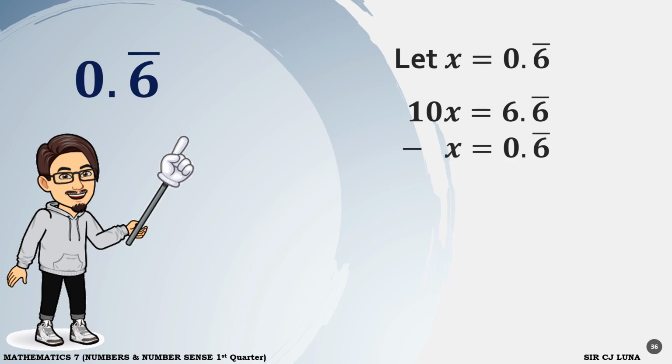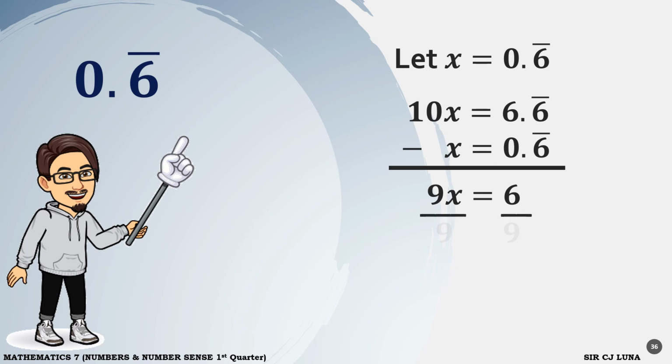Minus x equals 0.6. We will solve this vertically. 10x minus x is equal to 9x. And then 6.6 minus 0.6, that is equal to 6. Okay? So looking at our equation, 9x equals 6, kailangan sa left side natin, matira na lang ay variable. Kailangan yung x na lang ang matira. So paano matatanggalin yung 9?